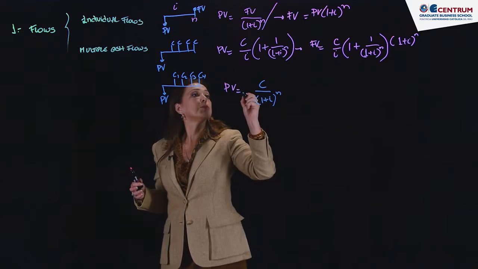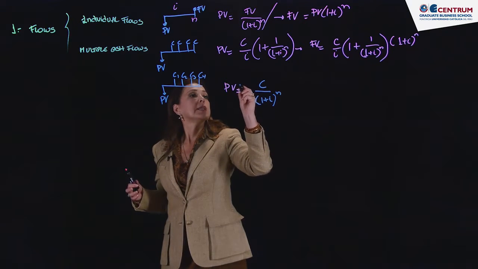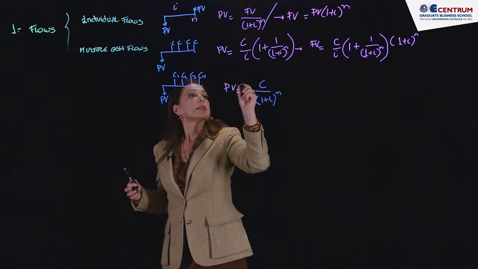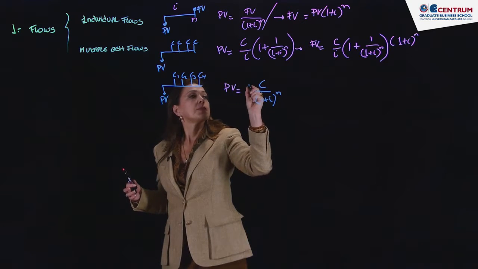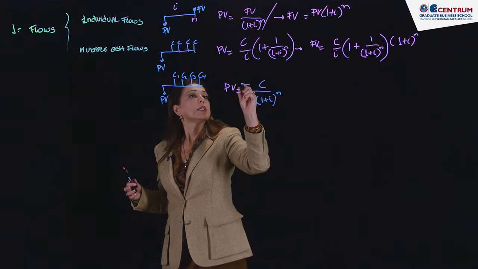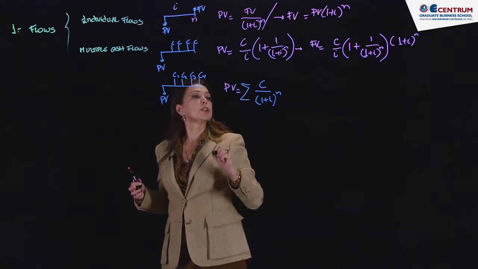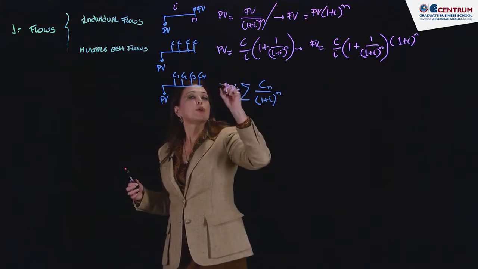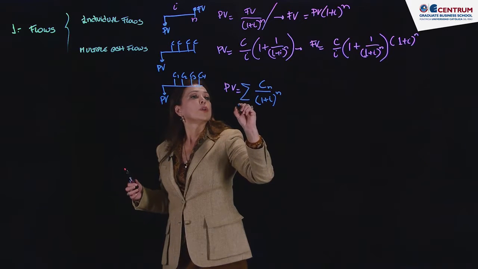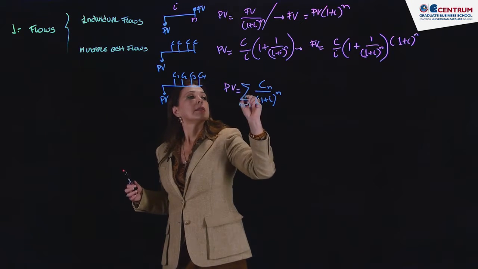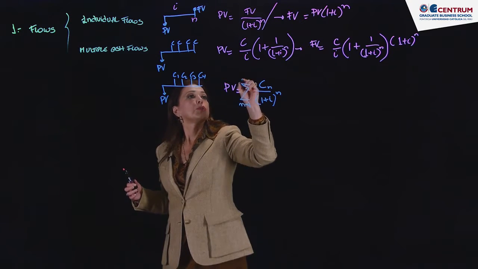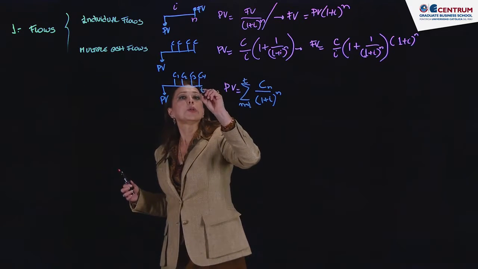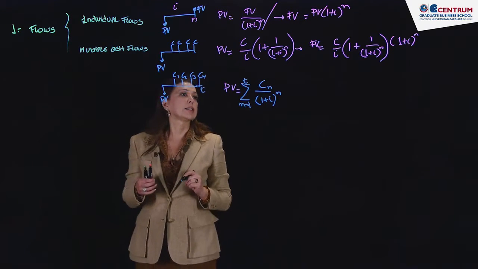So we are going to use summation notation of these cash flows that goes from 1 to time t, considering that we have here a time t.